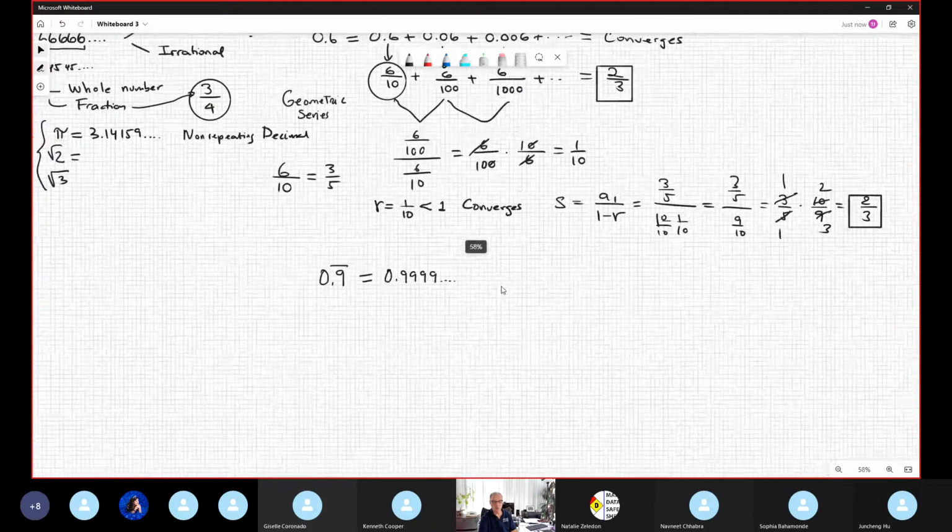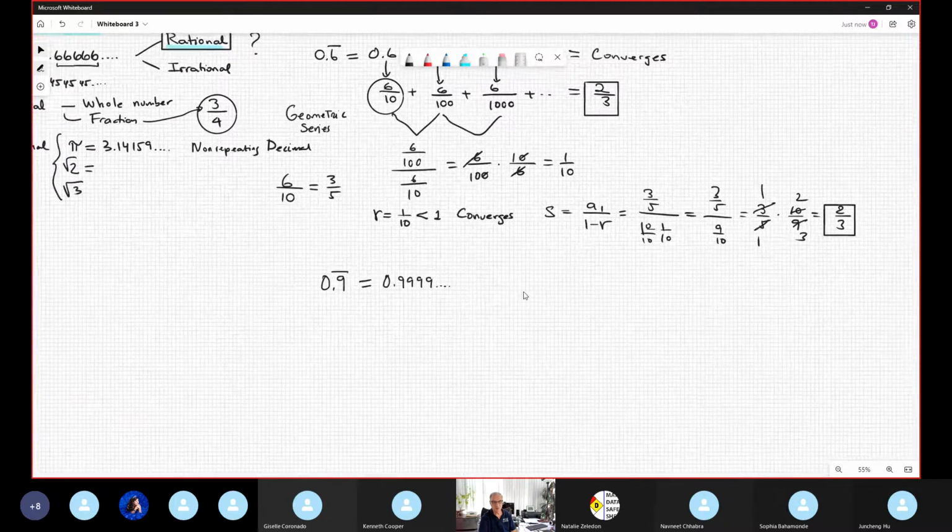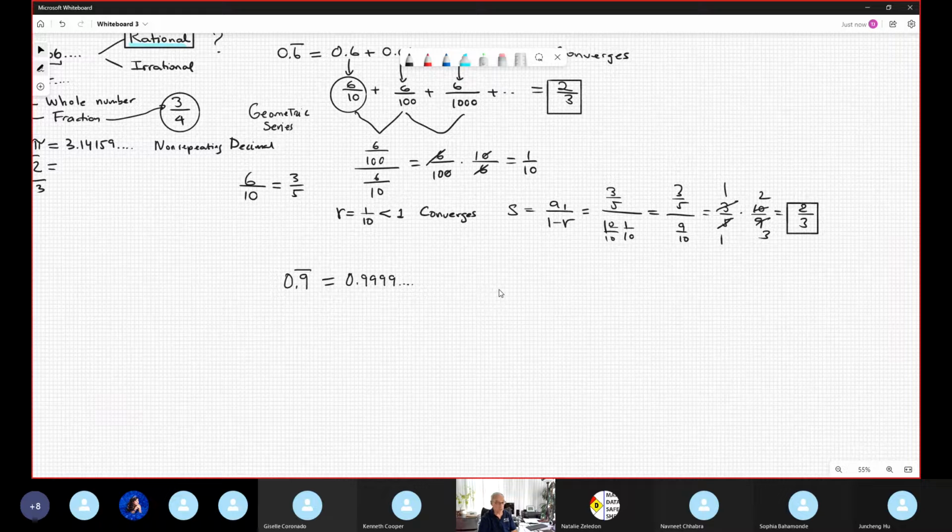Using intuition, what do you suppose is this answer? You don't write it like that. I try to find the rational number associated with this idea, 0.9 repeated.